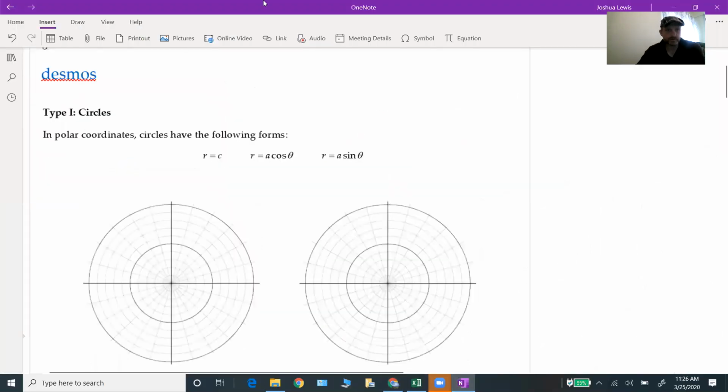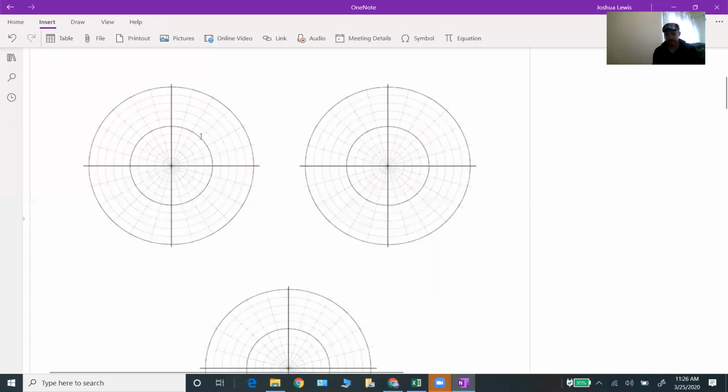So let me jump back over here. And so if we've got r equals c, might be something like this. That's r equals c, of course.